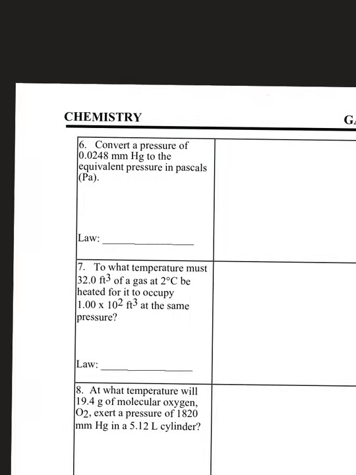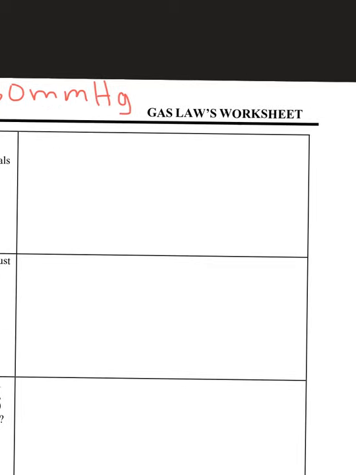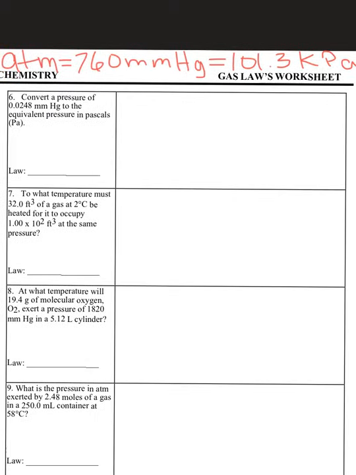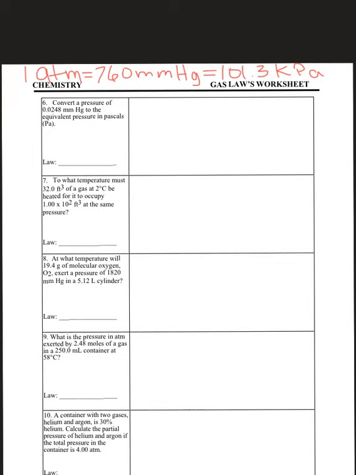So 1 atmosphere is equal to 760 millimeters mercury, that is equal to 101.3 kilopascals. So atmospheres of pressure, millimeters mercury, kilopascals, those are all just different units for measuring pressure.